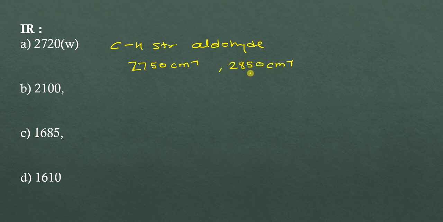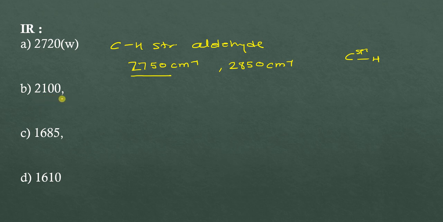So this may merge with the CH stretching of sp2 hydrogen, hydrogen attached to sp2 hybridized carbon. We will see these details in fundamental vibrations of IR. But in case of aldehyde, we'll get one peak near 2750 cm⁻¹. So here they have given 2720, which is for CH stretching of aldehyde.